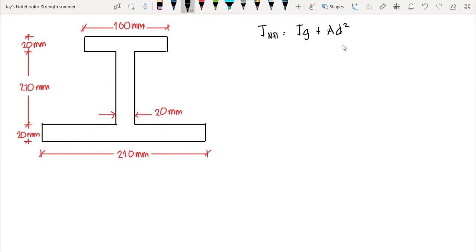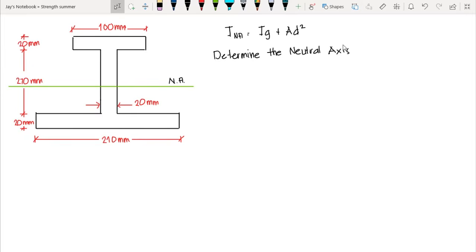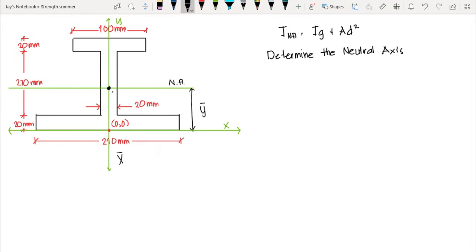So the first thing we do here is determine the location of our neutral axis. Let's assume that our neutral axis is at this point, and let's say that is y bar from the bottom. And since we know that our section here is symmetrical along the y-axis, and let's say that this point is the origin, if we put our section in the Cartesian coordinate, that is y vertical and x horizontal, so that's the xy plane.